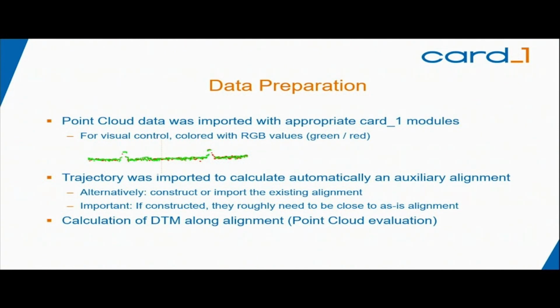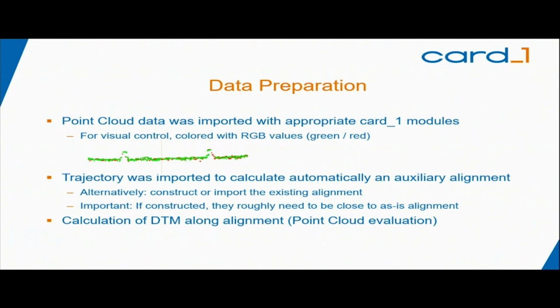So we received the point cloud data and imported it into CAD1. Very easy, everything is known for years. What we did was just to color it with RGB values so we can have a difference between the 2 scanning data. Also, we imported the trajectory, which then was our auxiliary alignment.